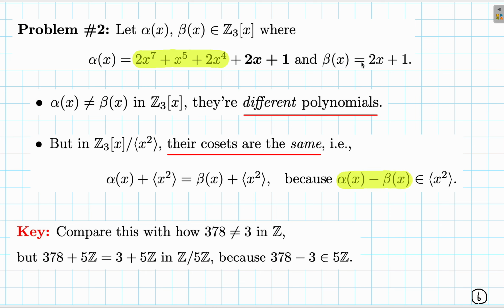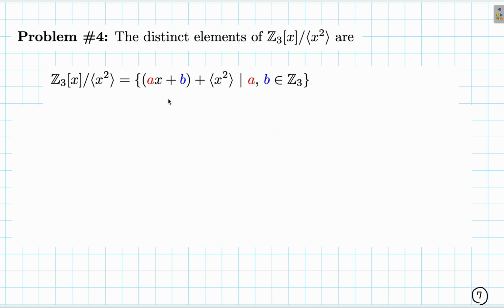This example shows how each coset in the quotient ring can be reduced so that its coset representative is at most a linear polynomial, such as 2x plus 1. And therefore, in problem 4, we concluded that the distinct elements of the quotient ring are cosets of the following form, where the coset representative is at most a linear polynomial ax plus b, where the coefficients a and b are in Z3.